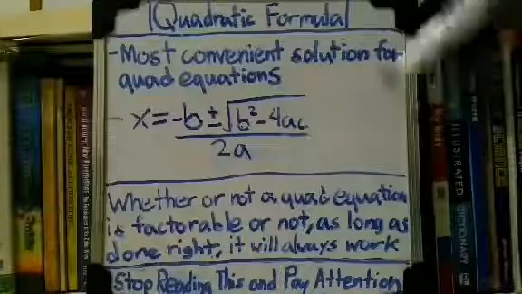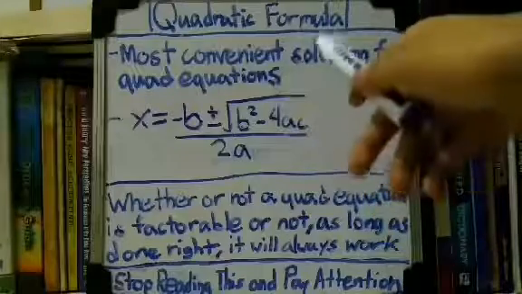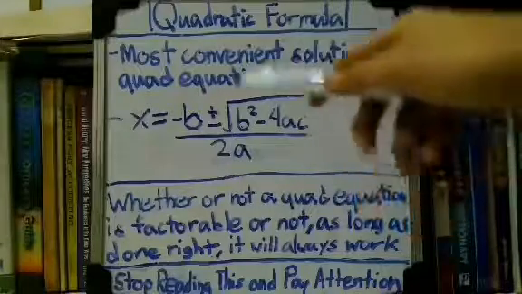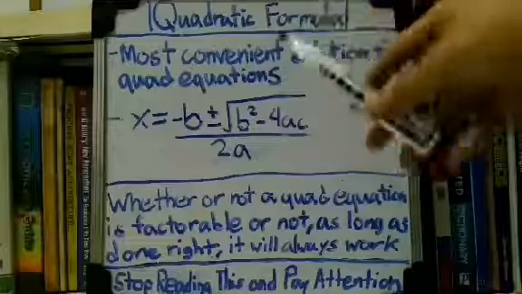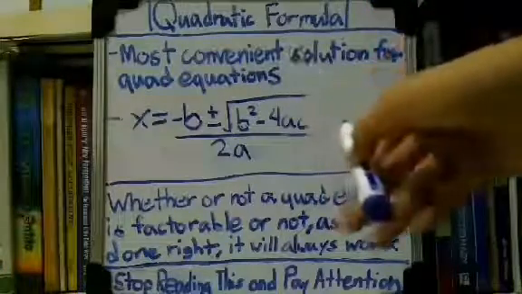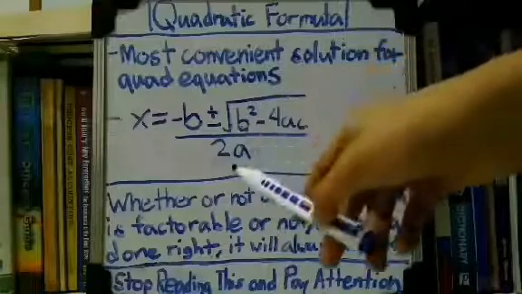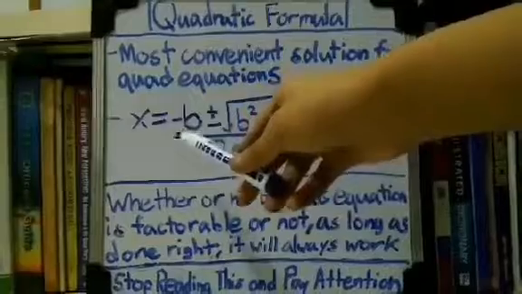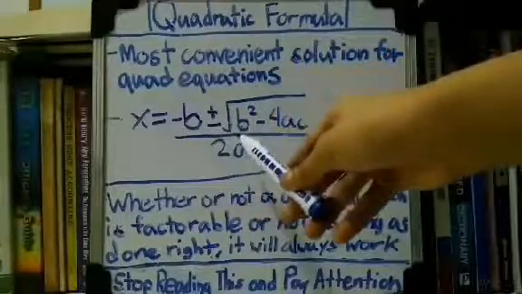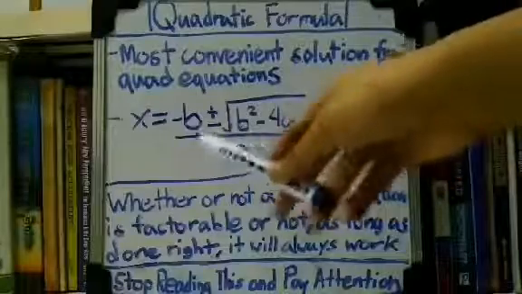In every equation, there's always a formula based around it. In quadratic equations, they have the quadratic formula. While there are many other ways of solving quadratic equations, the quadratic formula is often the most convenient. This formula has the equation of x equals negative b plus or minus the square root of b squared minus 4ac over 2a.